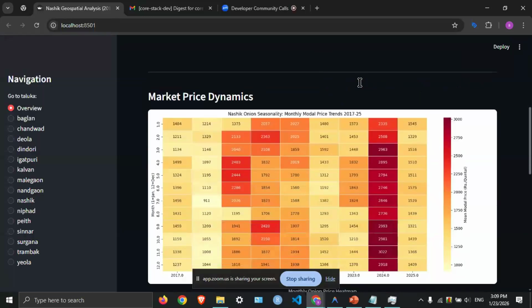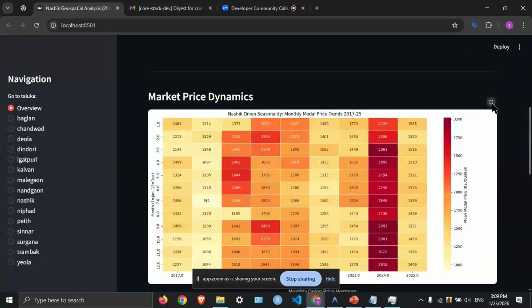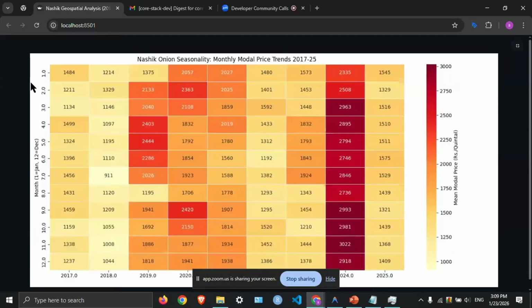If we look at the market price dynamics across the years from 2017 to 2025, and plot a heat map of each month with aggregated prices, we can see that over a period of time there is a rise in price. 2024 is the year where onion prices were sky high, especially during November, December, and January.